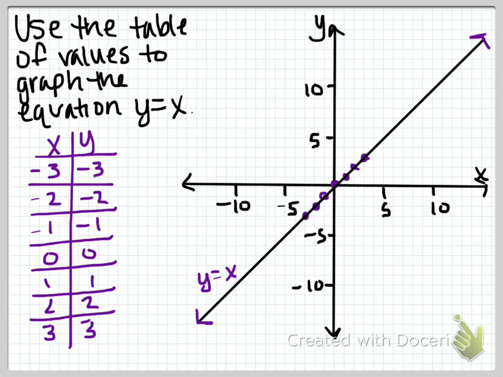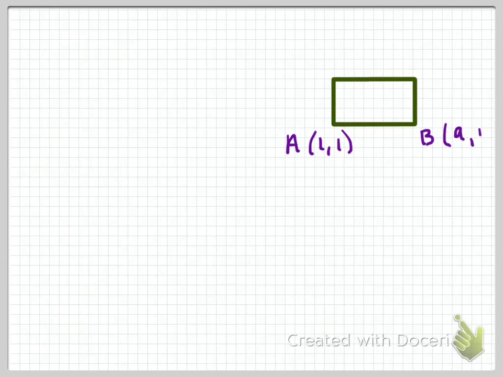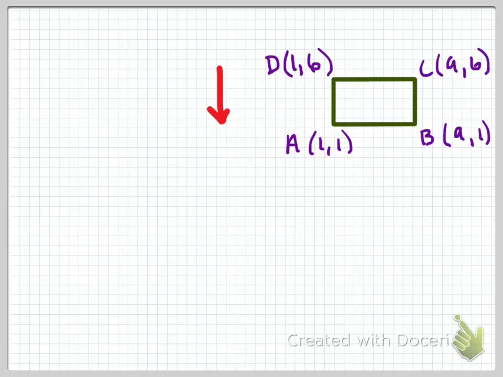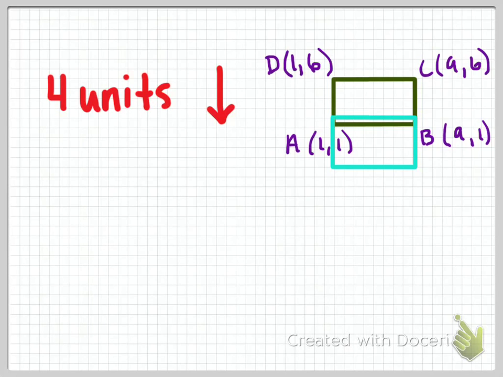The next part of the notes say, in the previous lesson, a geometric figure was translated down 4 units. How did that affect the value of the x-coordinate of each vertex? And how did it affect the y value? So, here's a shape. And if we translate it down 4 units, it looks like this.